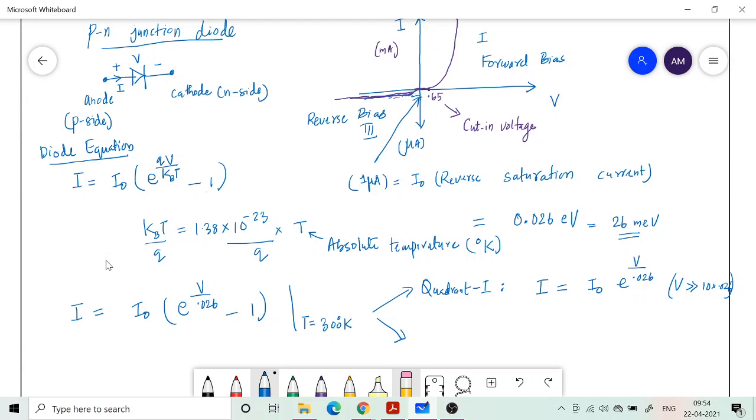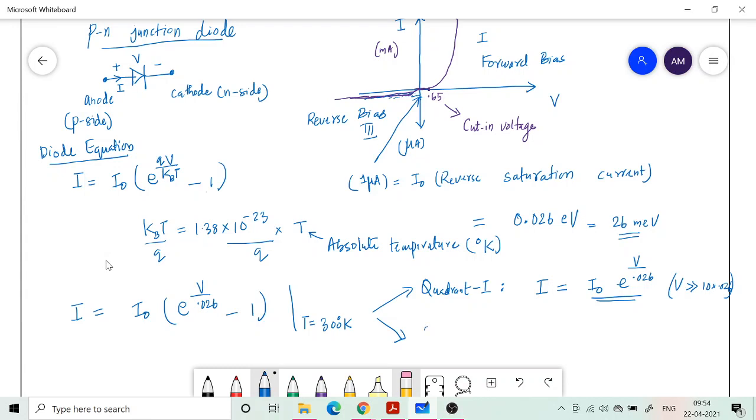E raised to 10 is a very huge number, and therefore we can neglect 1. So that's the philosophy. We can approximate the forward characteristics, which is usually the case. For any interesting voltage that you apply, V will be at least 10 times greater than 0.026, and therefore you can write it as an exponential relationship without this minus 1.